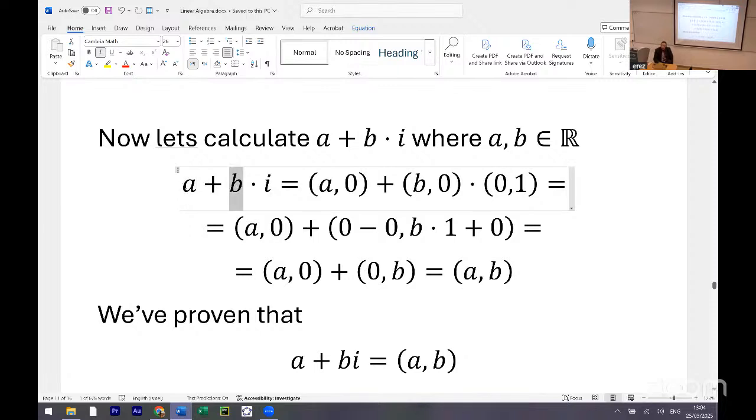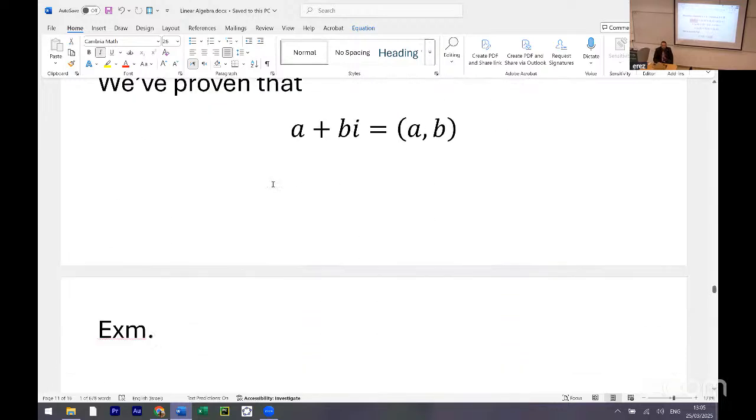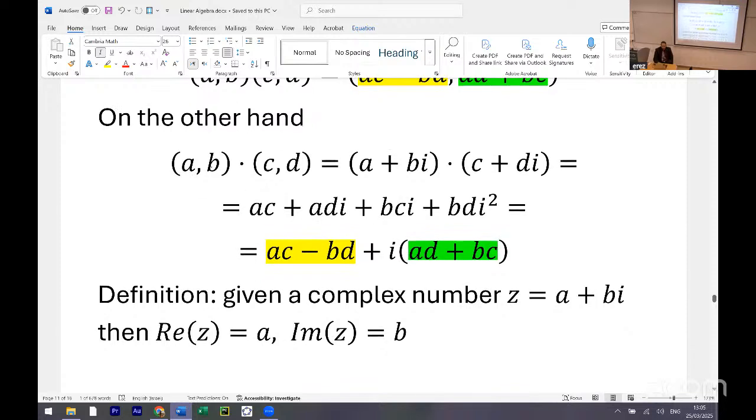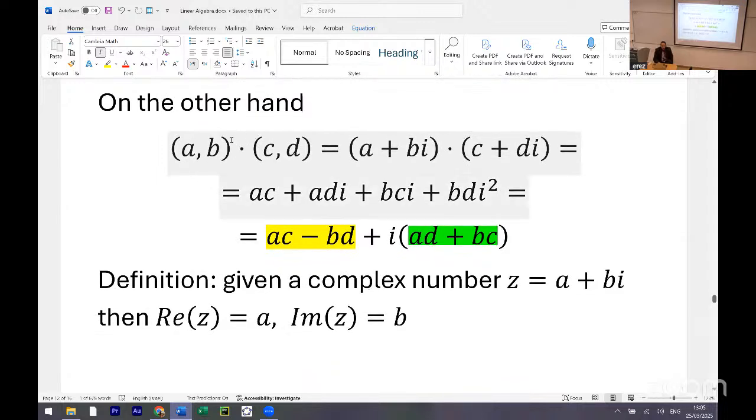So now we can work with the complex numbers just as a plus bi, and all we need to remember is that i squared is equal to -1. I use the distribution law, and I calculate the multiplication this way, and I don't need to remember the ac minus bd and so forth. I can calculate it myself.